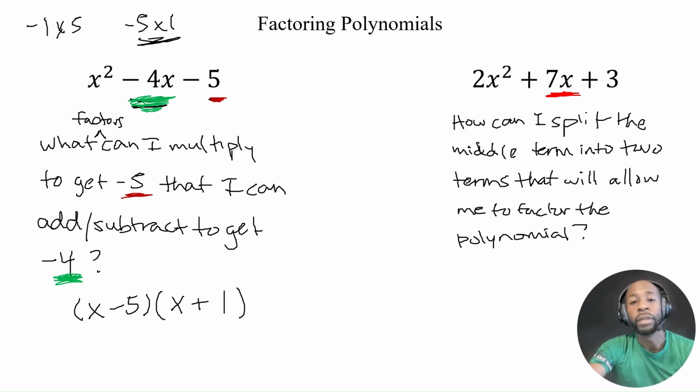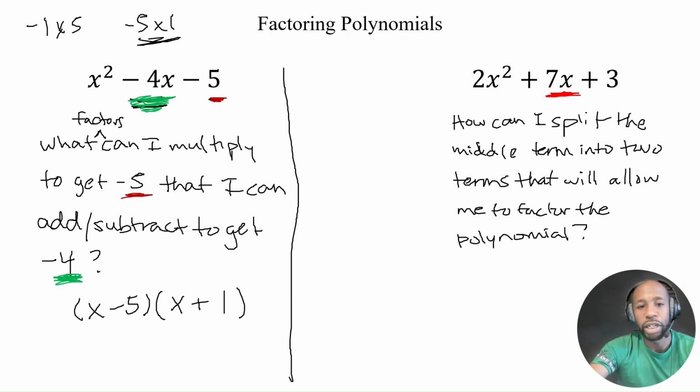What I'm going to do is split this into 6x plus x. And part of this I already know from doing this problem in a previous video. Let me show you what I mean. I'm going to draw a line here, and keep this problem over here.